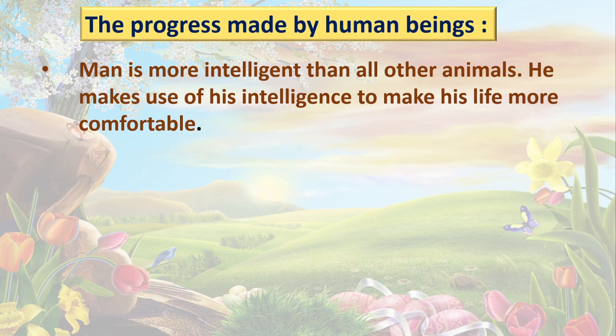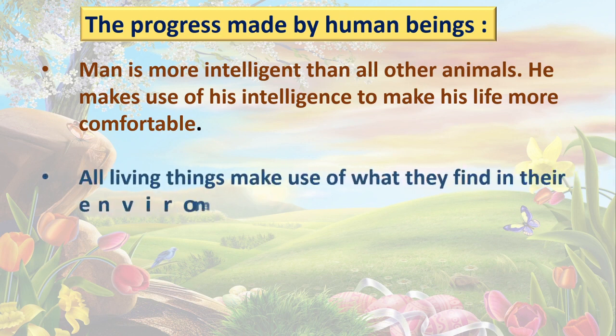He wants to lead a happy and comfortable life. Right? So what he does? He uses his intelligence. He uses his brain to make his life more comfortable. All living things make use of what they find in their environment.